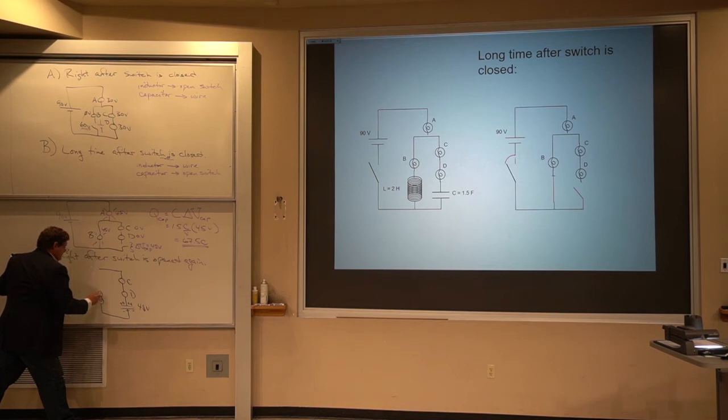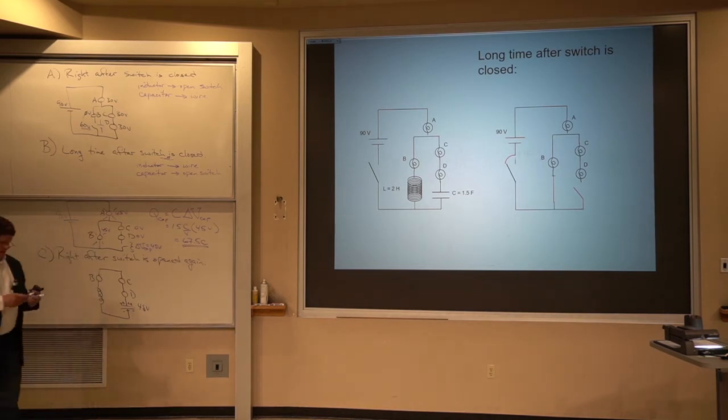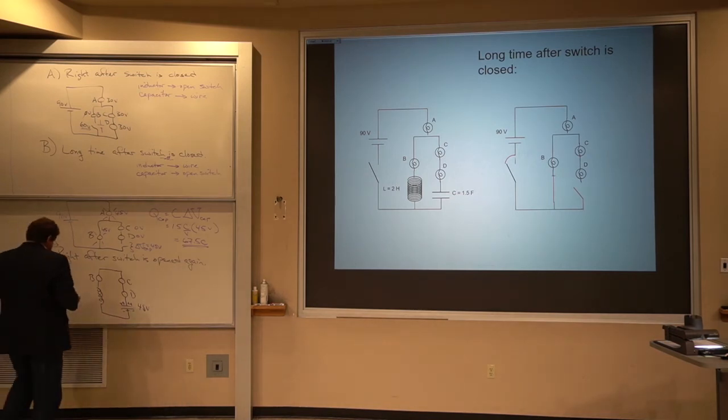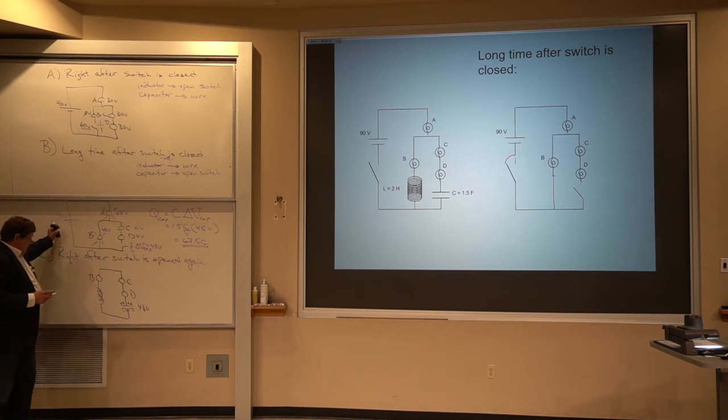I have an inductor, and I have another bulb B. So I know the things that can't change instantly is the charge in the capacitor and the current through the inductor.